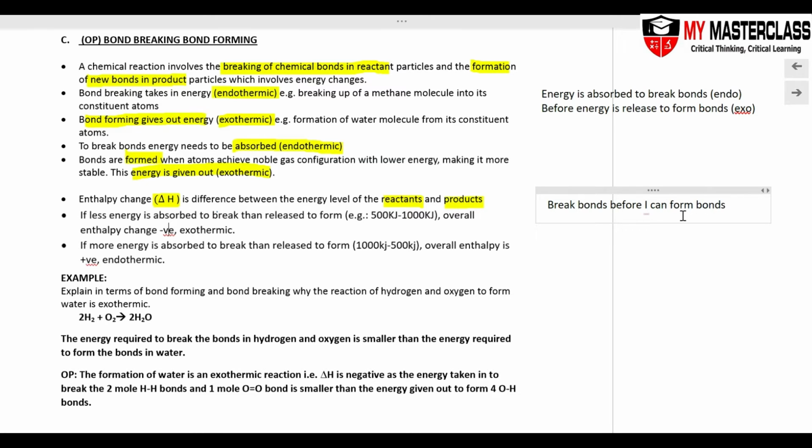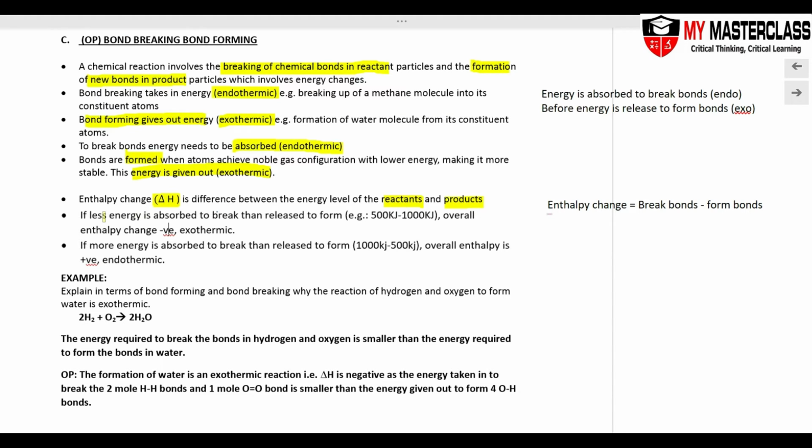So in all chemical reactions, the delta H will be equal to bond breaking minus bond forming.